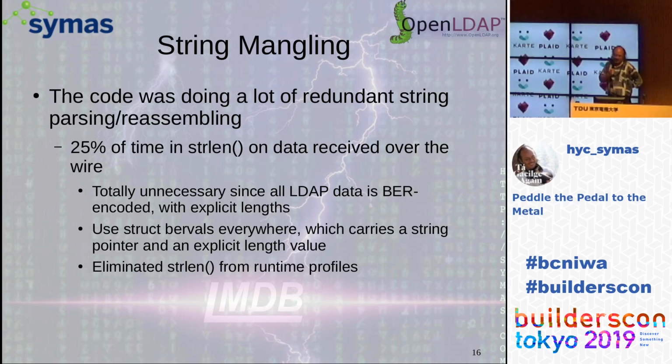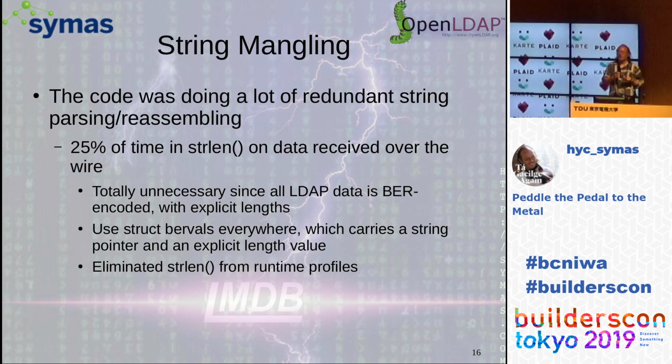So in OpenLDAP, a large part of our operation is just tearing apart strings and putting them back together again. And 25% of our execution time was just in calculating the length of strings. And this is completely unnecessary because in LDAP, every string that you get over the wire is already accompanied by its length.